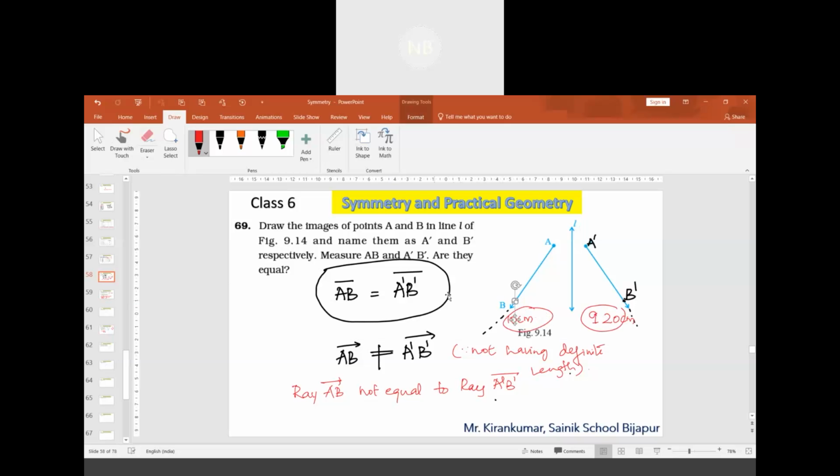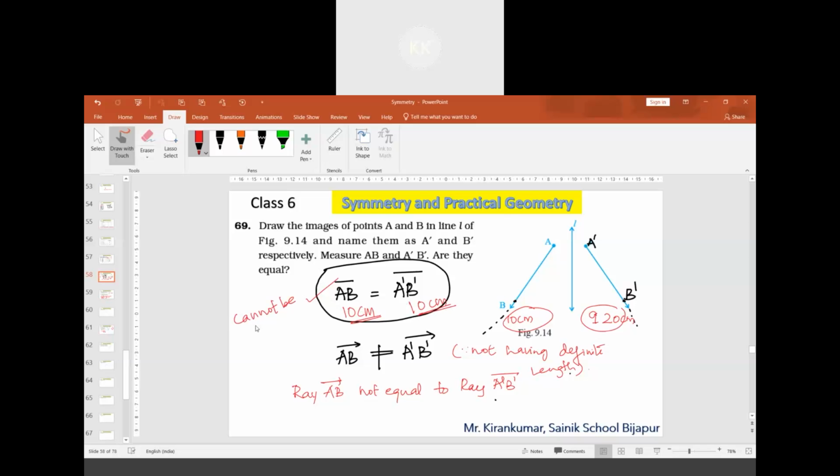So when we consider a line segment, it will have a fixed length. If you have a line segment of 10 centimeter, this also is 10 centimeter. It cannot be extended.